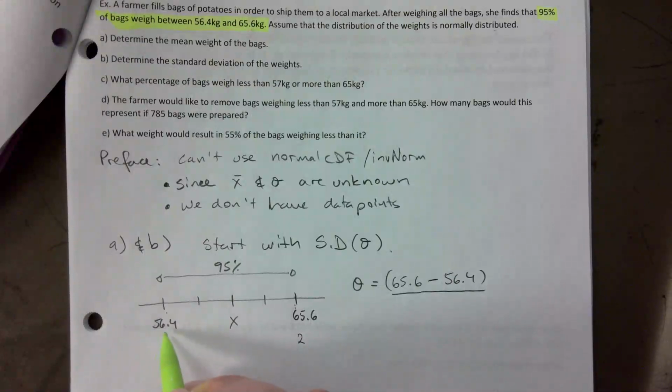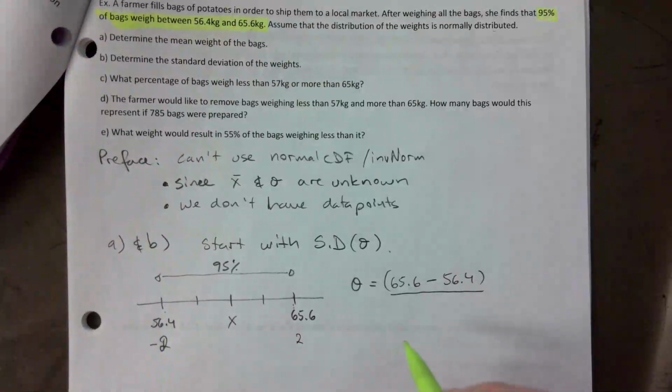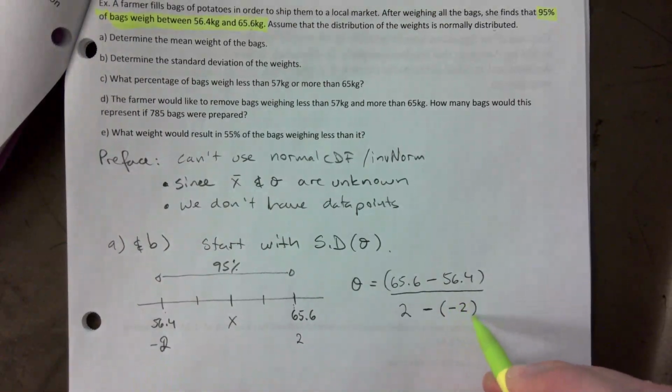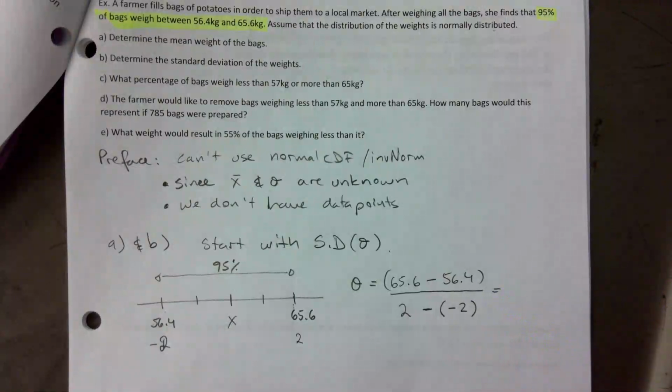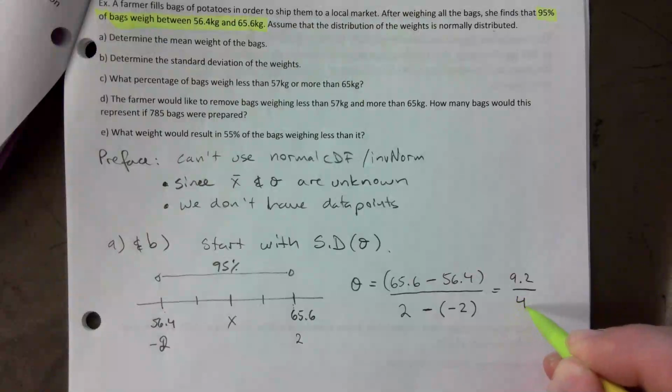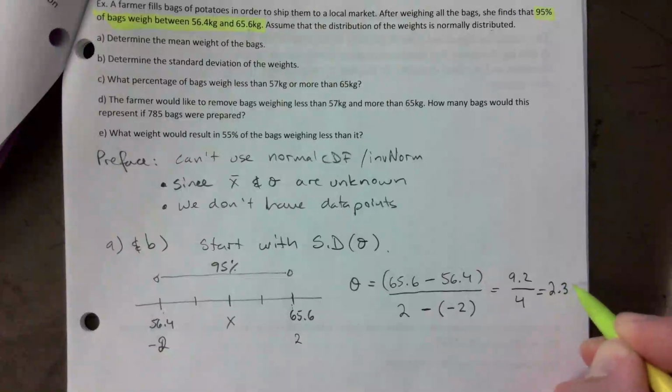And this one? -2. Yeah, oops. Okay. So z up minus, what's z low? -2, right? And so when you subtract it, you get, at the top you get 9.2, and at the bottom you get 4. And so your standard deviation is 2.3 kilograms.